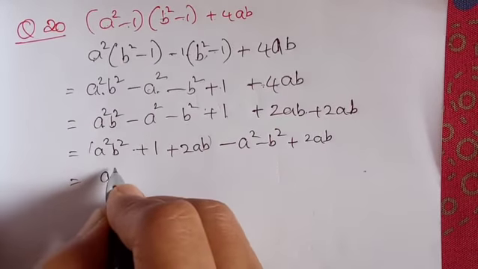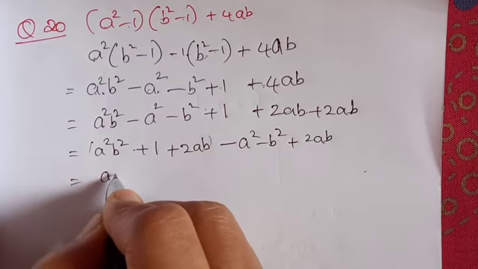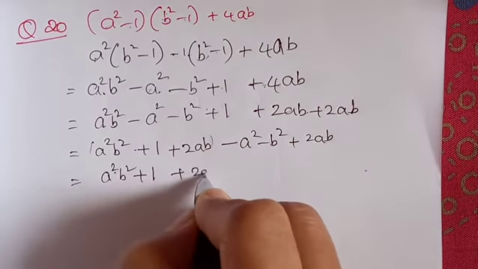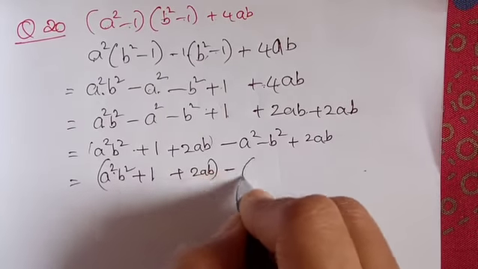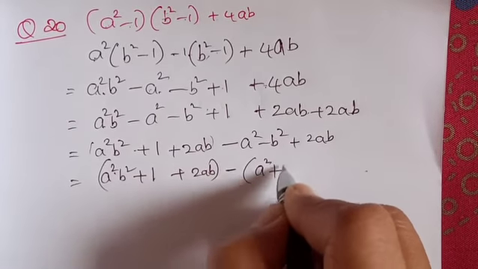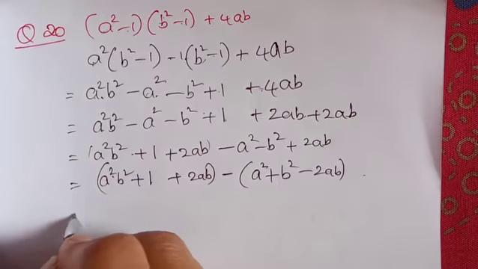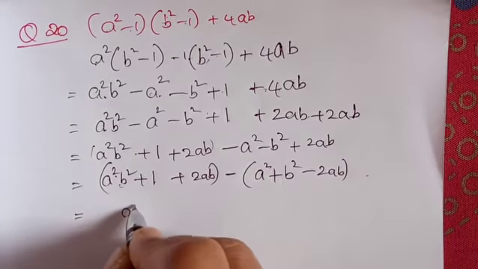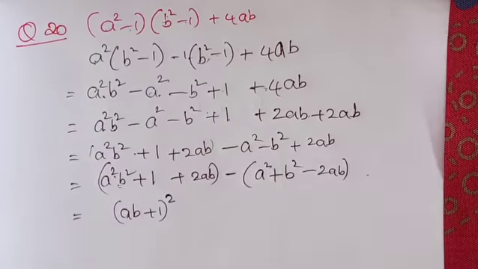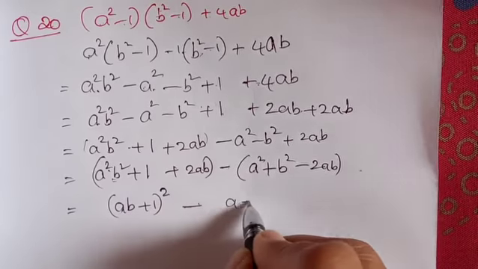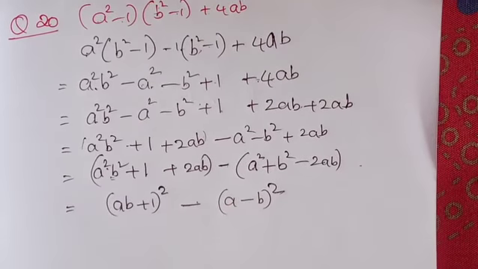I'm just repeating: a square b square plus 1 plus 2ab, and minus I'm taking as common, a square plus b square minus 2ab. Now this can be converted into ab plus 1 whole square, minus as it is, this one as a minus b whole square.